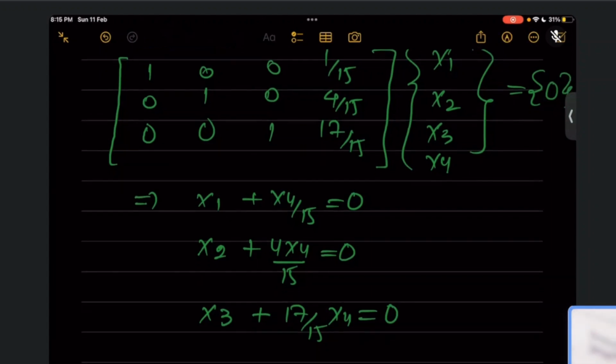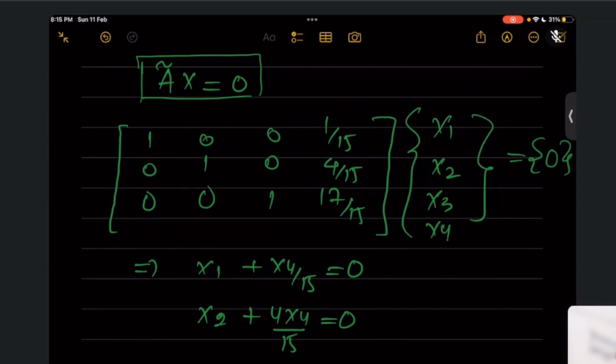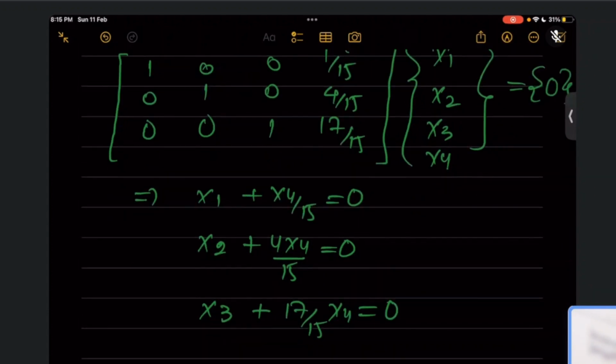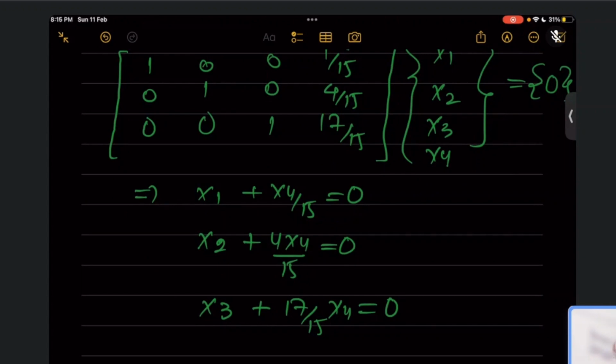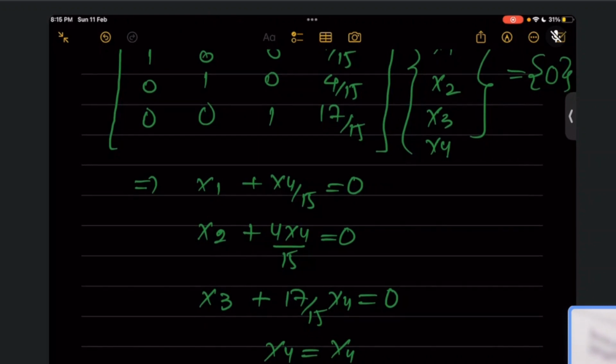Nothing but just multiplying this row with this column, you get x1 plus x4 by 15 equal to 0. And one more, x4 is equal to what? Nothing but x4, because there is no fourth row, so x4 will be x4. That is easily understandable.